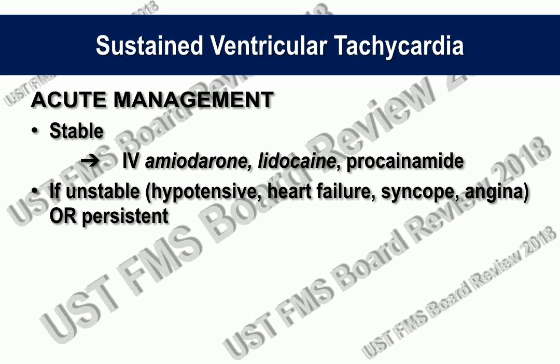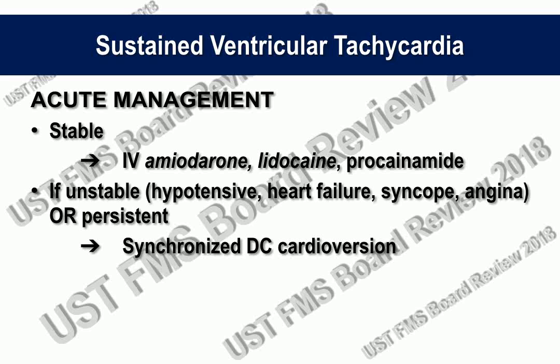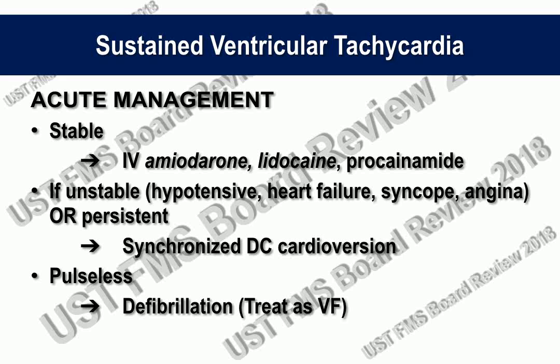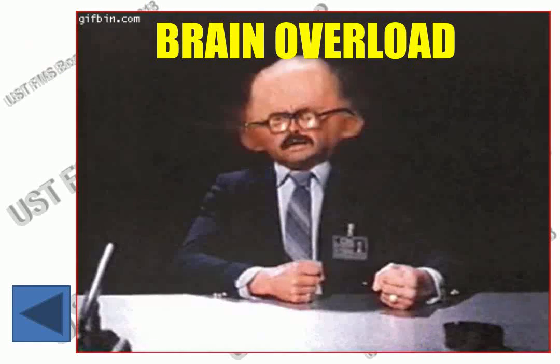Procainamide is also an option. If unstable, that means the patient has hypotension, heart failure, or some other hemodynamic instability, or if the VTAC is persistent, then you do synchronized cardioversion. And finally, when you have pulseless ventricular tachycardia, the treatment is the same as ventricular fibrillation.